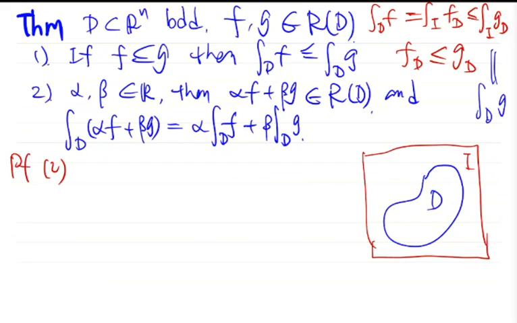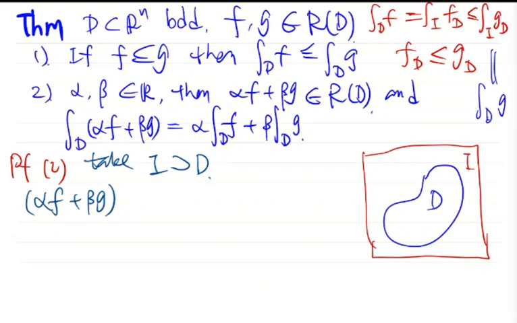We take a rectangle I containing D, and we observe that alpha f plus beta g, the zero extension of the linear combination, is precisely the linear combination of their zero extensions, as you can check.